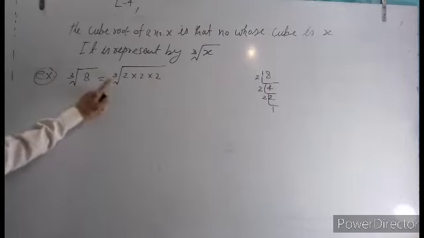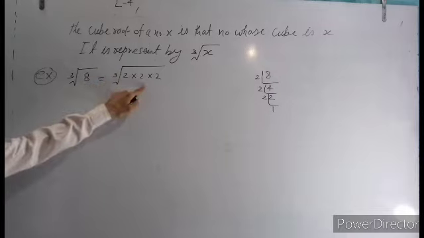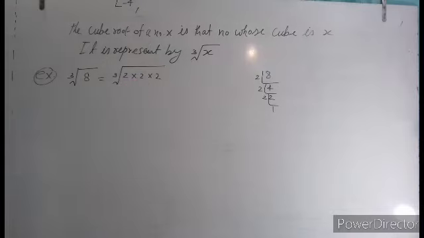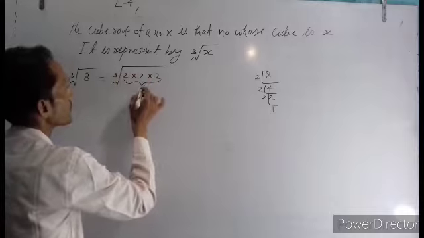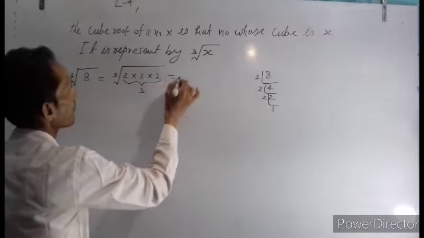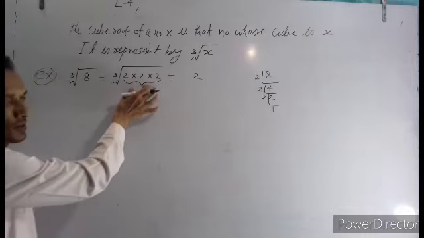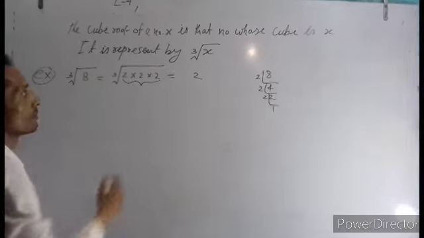And since 3 is written, it means cube root: we take a group of 3 same numbers. What comes out of this group of 3 twos? 2 will come out.